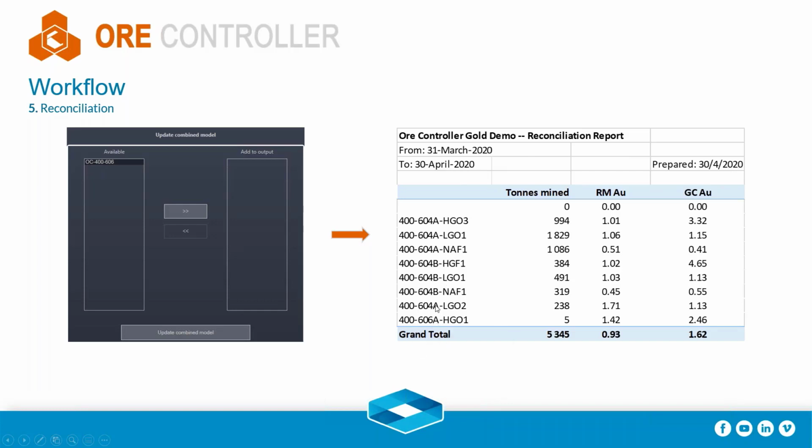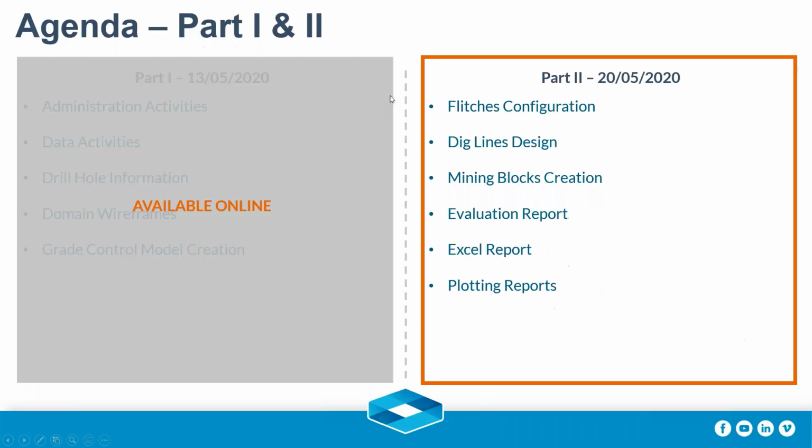This one has two blocks, 604 and 606. So, as I promised you, today we're going to talk about flitches configuration, dig lines design, mining blocks creation, evaluation reports, Excel reports, and plotting maps and reports as well.